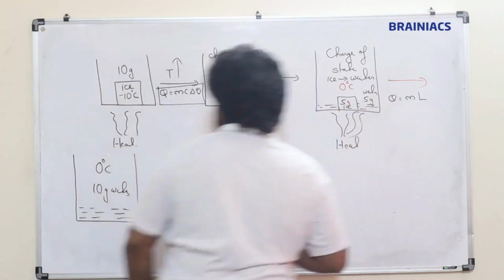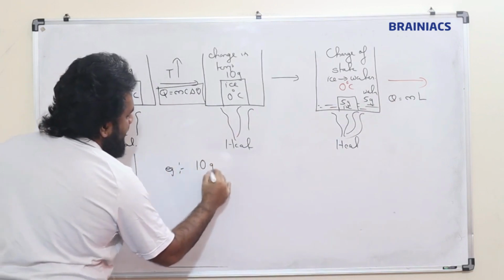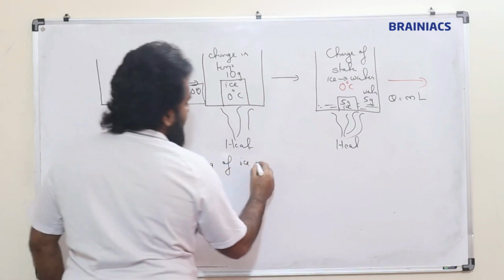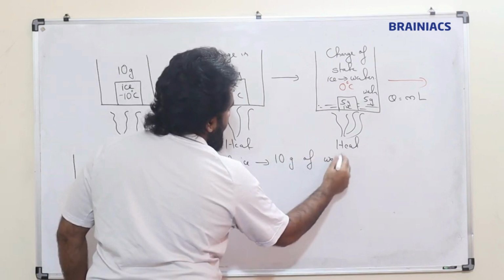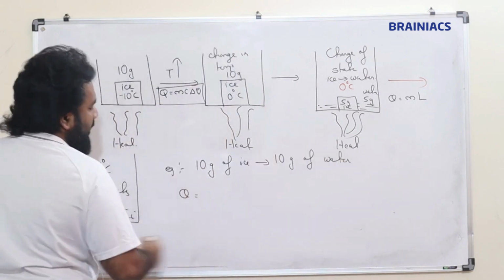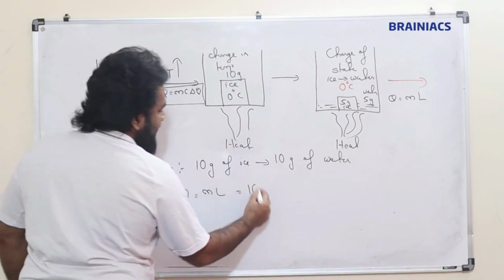So for example, suppose we need to convert 10 gram of ice into 10 gram of water. Then how much will be the total heat required? Nothing but mL. What is m? M is 10 gram.